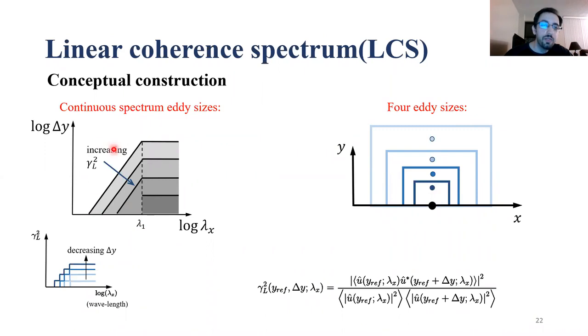So effectively, just by looking at the coherence spectrogram, we can say that this region is associated with the eddy structures, and this region where the isocontours become independent of wavelength, they are associated with the very large scale motions, which are formed by the repetition of eddy structures in the streamwise direction.